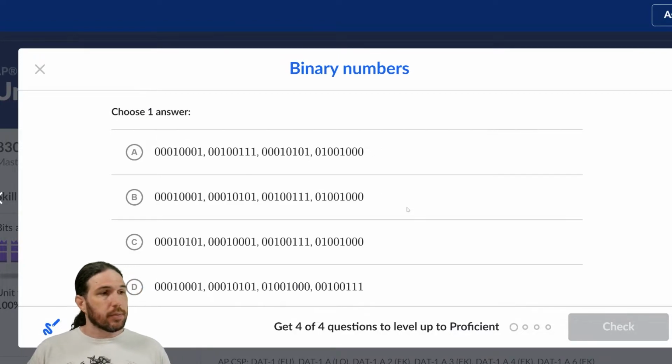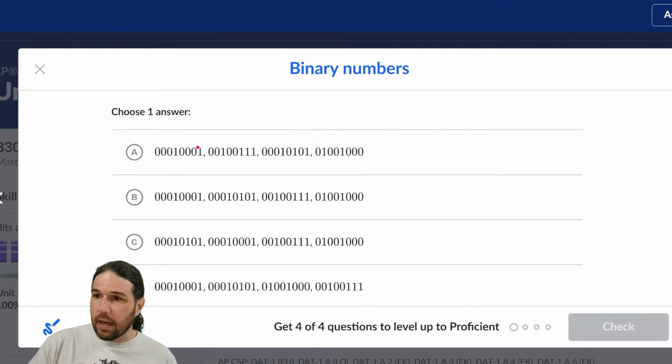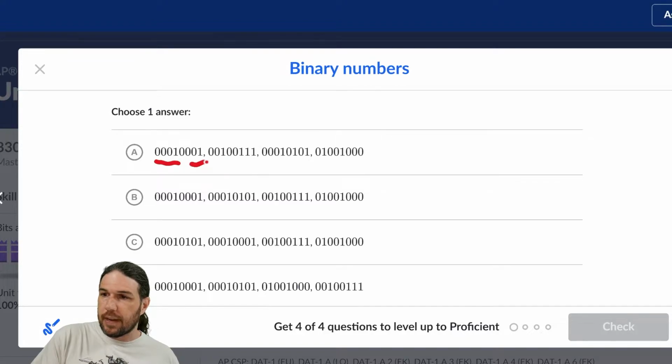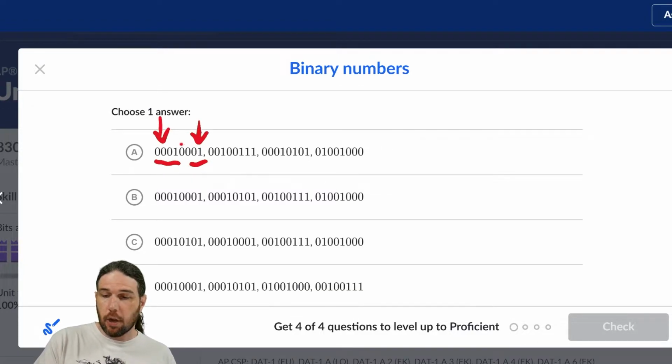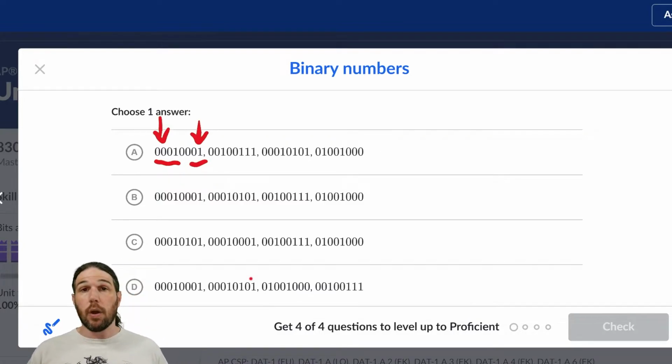So what I'm going to do is recall that the leftmost place values are very large, and the rightmost place values are usually very small. So smaller numbers will have more numbers over here on the right, bigger numbers will have more numbers here on the left. And since the only number that we can get other than 0 is 1, we should be able to sort of eyeball which one is counting up.